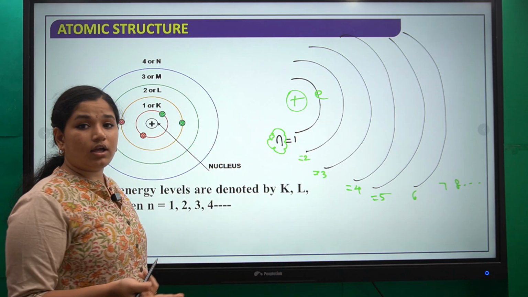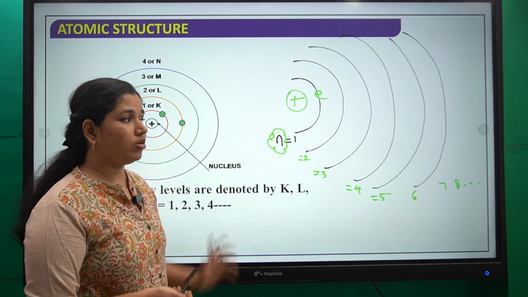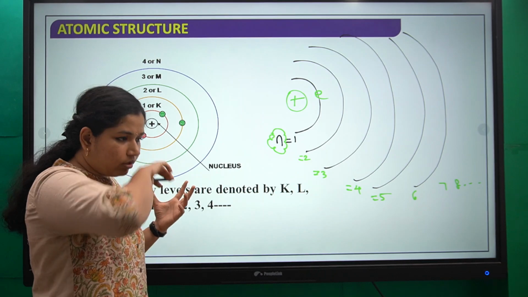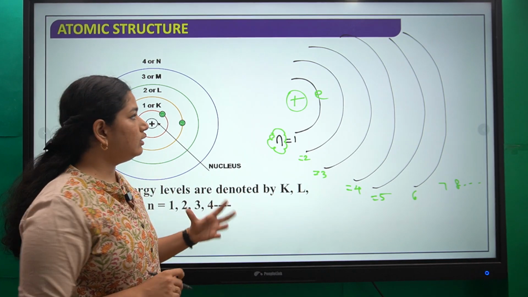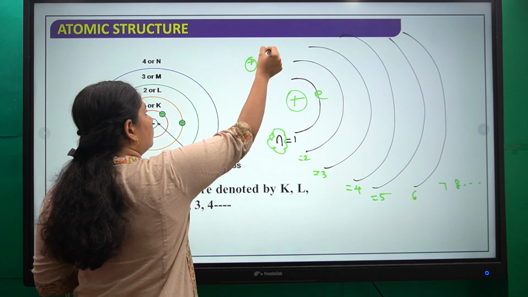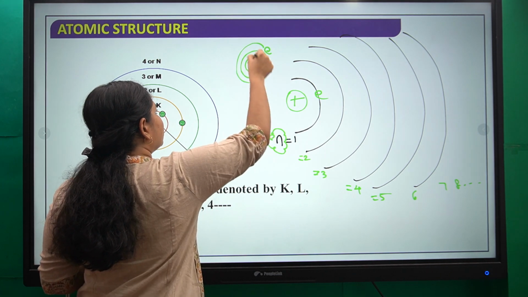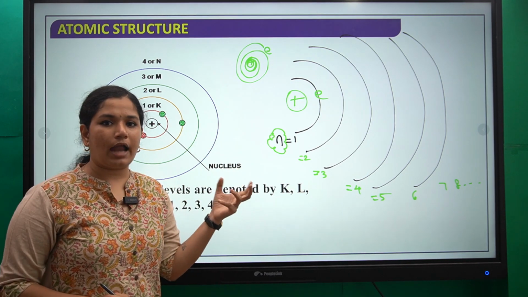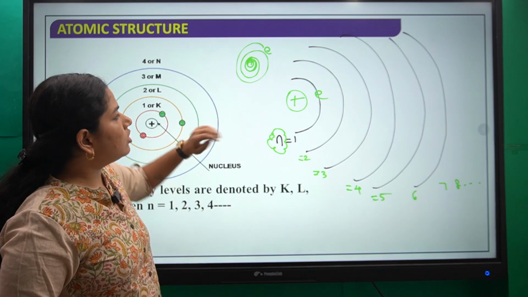Now, this is how the electrons are arranged, and there was a drawback in Rutherford's model: when charged particles are revolving, they should fall into each other. But that is not happening, and according to the atom, it is stable. Why is it not happening?